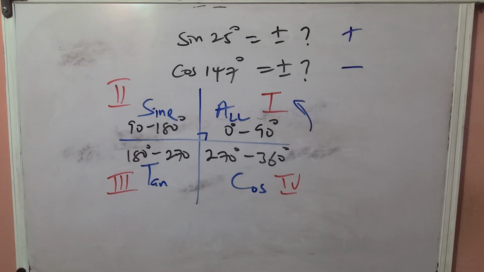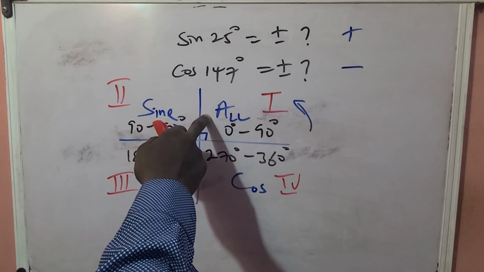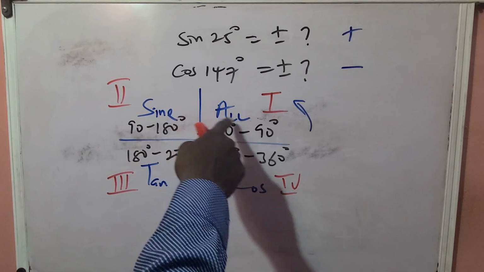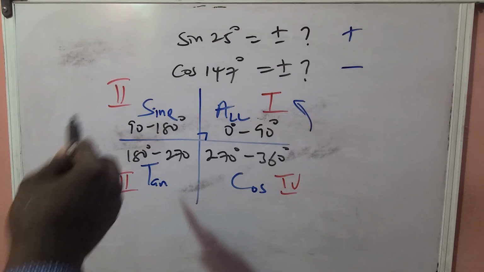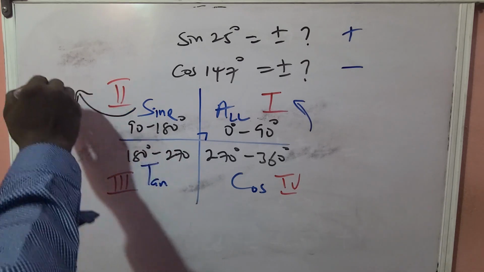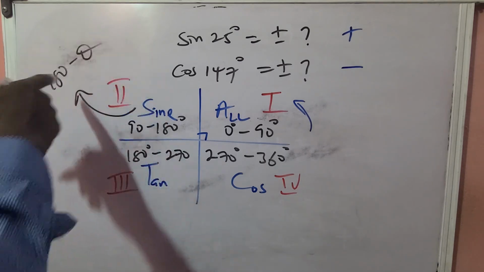Now, in understanding quadrants, I also want to state some important things we have to know in trigonometry. For the first quadrant, we say 0 to 90 degrees. But under the second quadrant, there is a rule, and that rule is 180 minus theta.